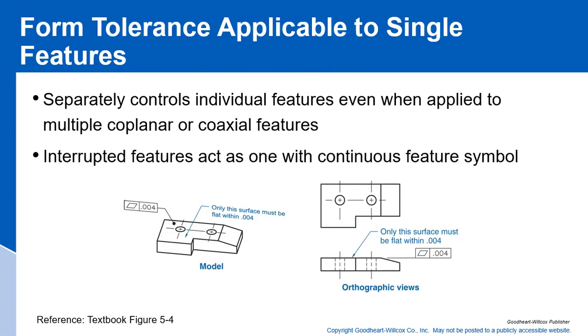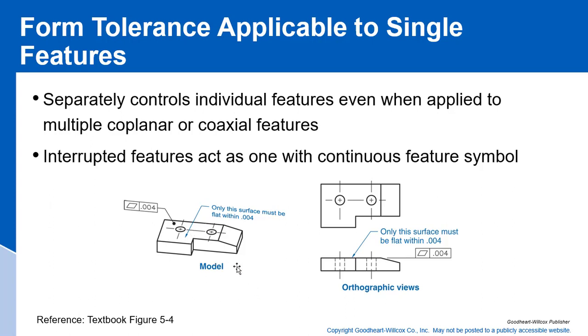Okay, so here is a form tolerance applied to a single feature. Okay, so it separately controls individual features when applied to multiple coplanar and coaxial features, and interrupted features act with one continuous feature symbol. Okay, so in this case we have a form tolerance, it's flatness, and it's being applied to this surface here.